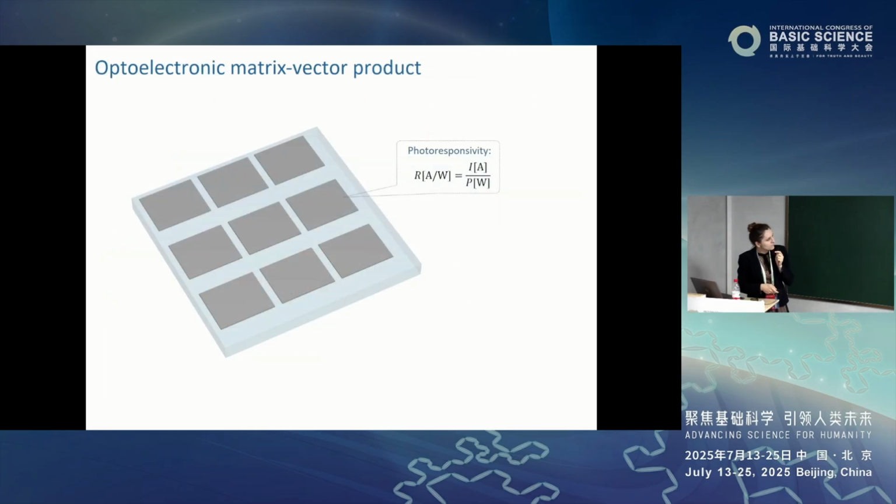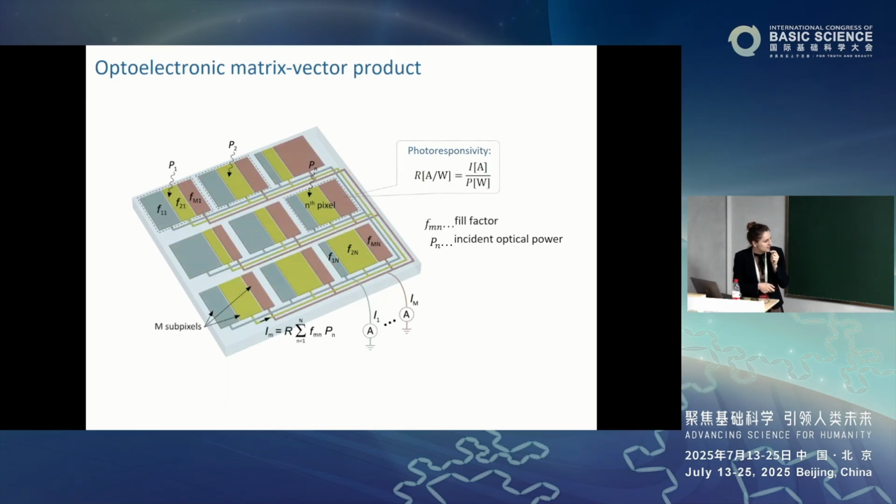So here is the concept implementation. Each pixel has a photoresponsivity. That's a word. And it's current over power, as I mentioned before. And then you can divide each pixel into subpixels.